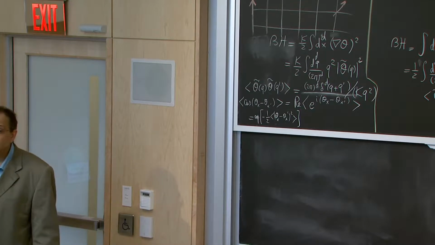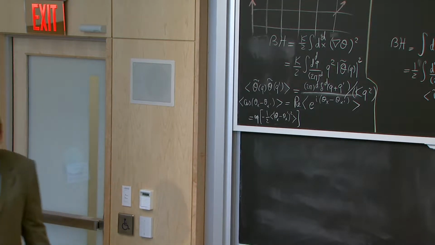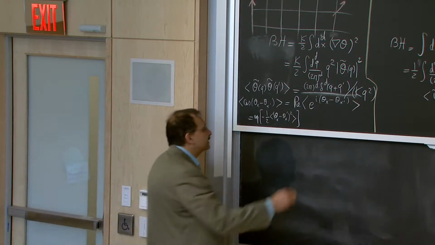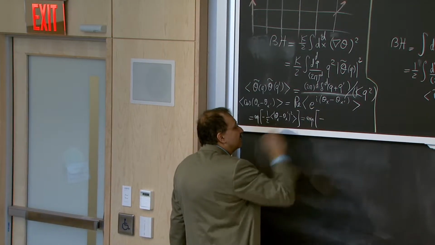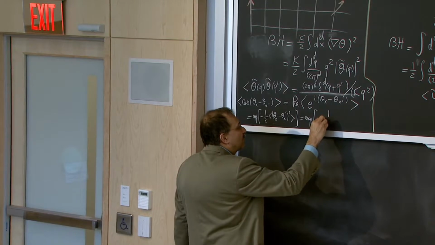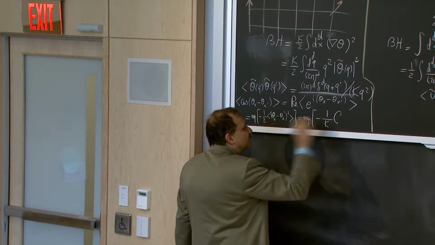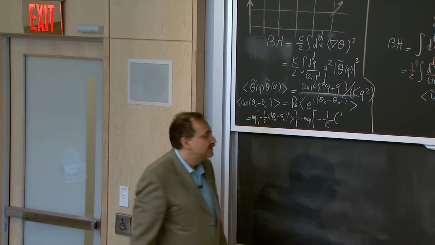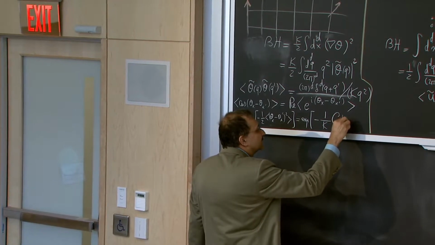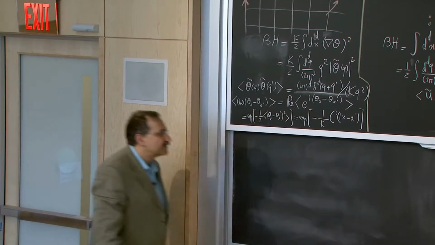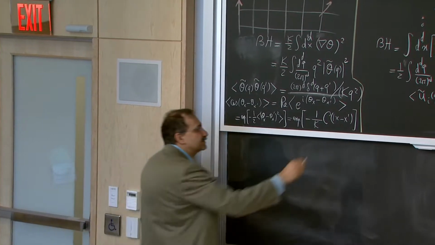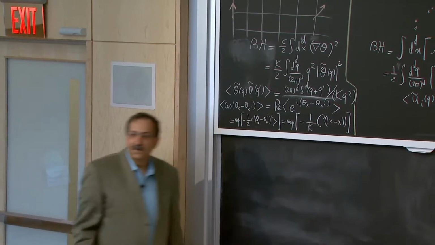We've seen that the Fourier transform of the 1 over q squared is the Coulomb interaction. And so ultimately this becomes exponential of minus 1 over k, the Coulomb interaction as a function of x minus x prime, with the appropriate cutoff included in this expression. Okay?